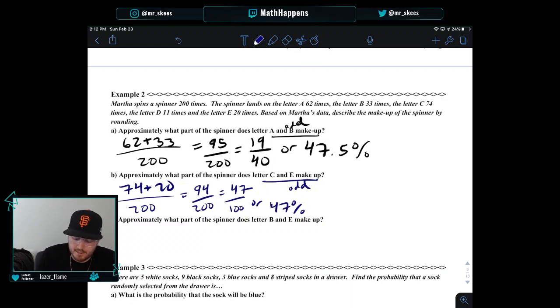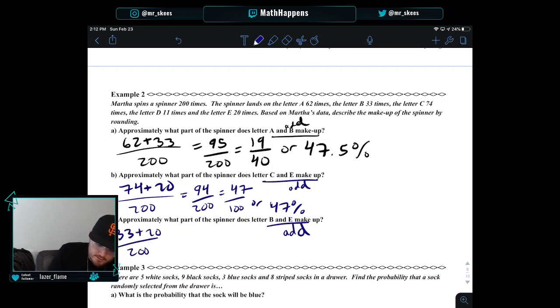Approximately what part of the spinner do B and E make up? Once again, we're going to add, because we want to know the combination of the two parts, B and E. B is 33, E is 20, so 53 out of 200.